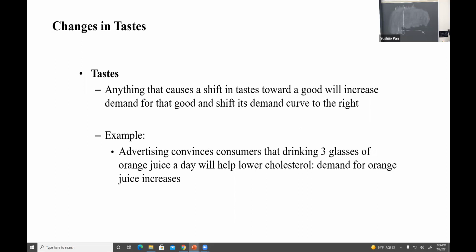Easier to understand. Like an example, advertising convinces consumers that drinking 3 glasses of orange juice a day will lower cholesterol. Demand for orange juice will increase because most people think that's healthy. I want more. That's like the bandwagon effect, right?